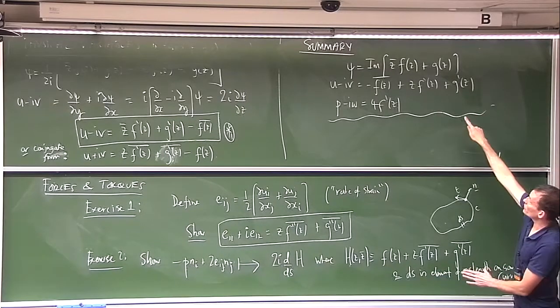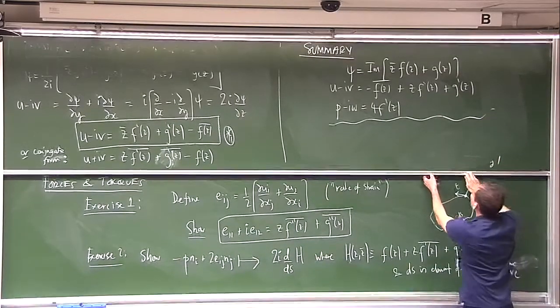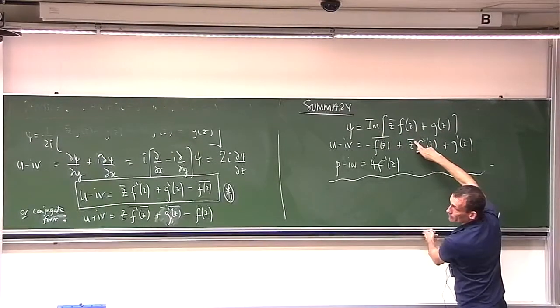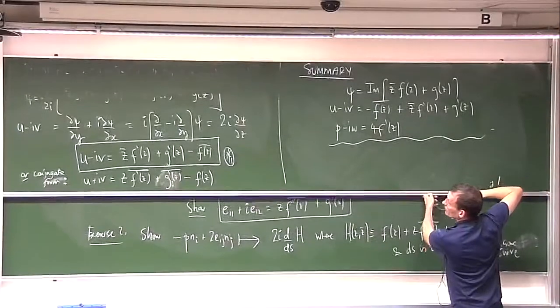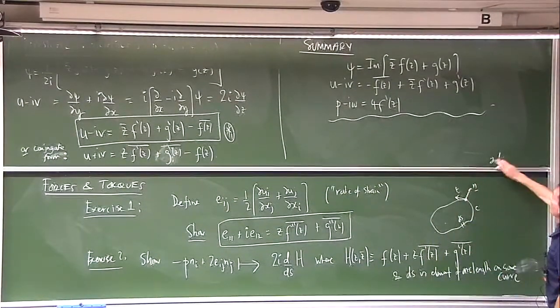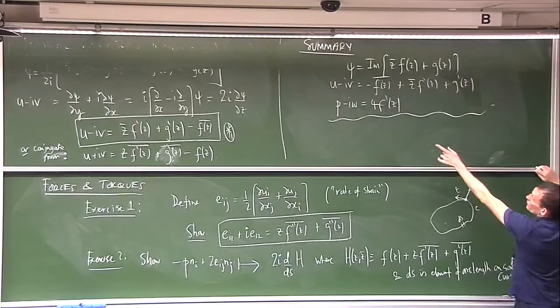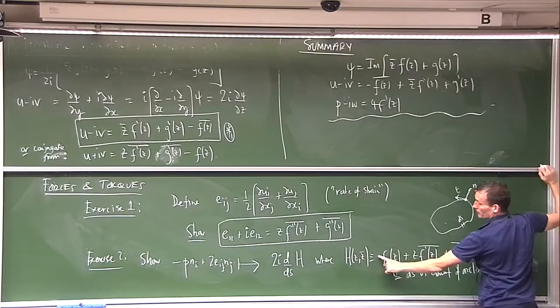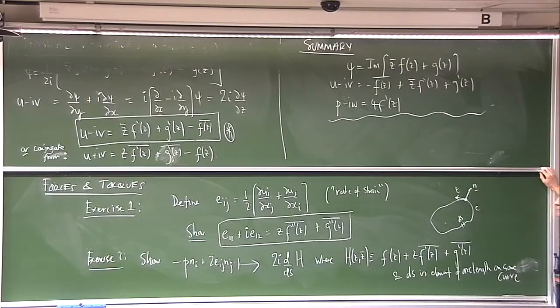If I took a conjugate of that, oh, hold on, sorry, there was a typo here. There should be a bar there. Sorry about that. If I take u plus iv, it's basically h. The only difference is there's a plus sign here. That, by the way, is very useful mathematically, that observation.